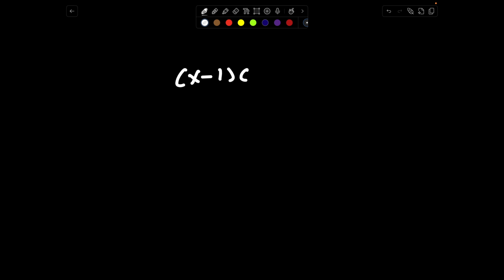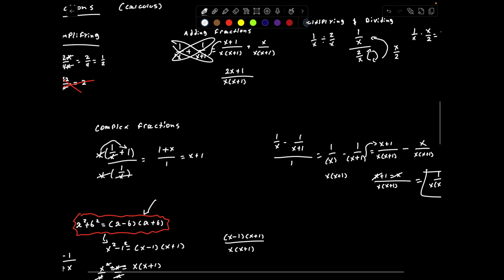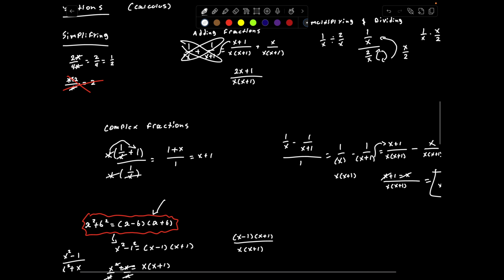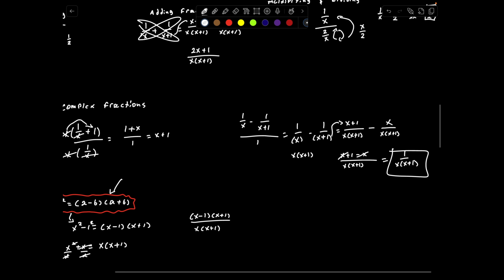x minus 1, x plus 1, divided by x times x plus 1. Perfect. This is exactly what we need. Now this is what we can do with this. Do you remember in the previous one, we were able to go ahead and cancel it out?